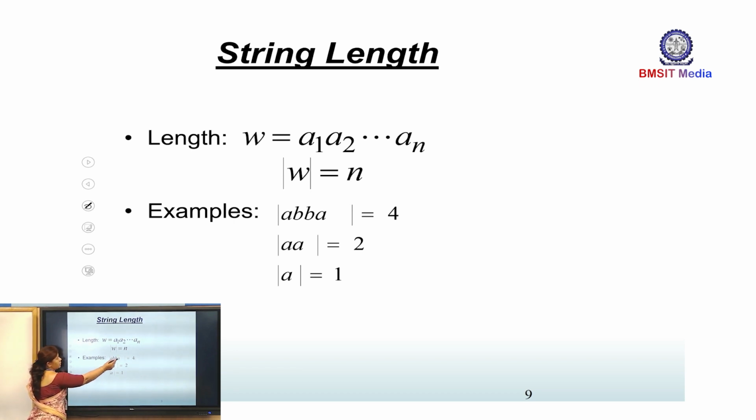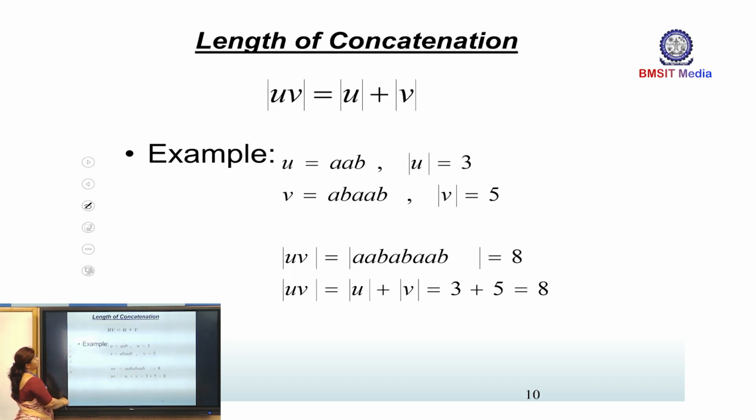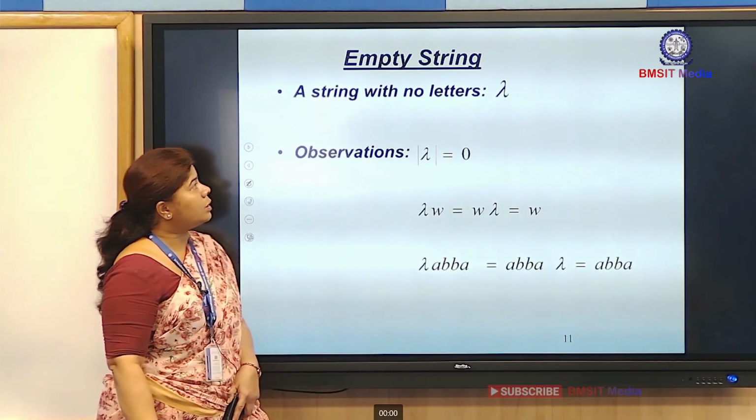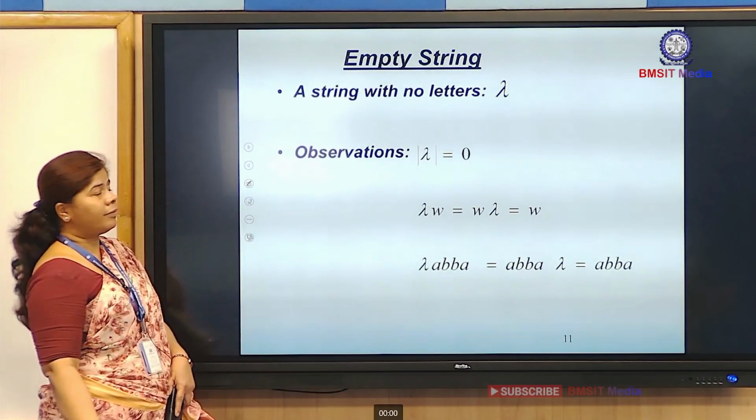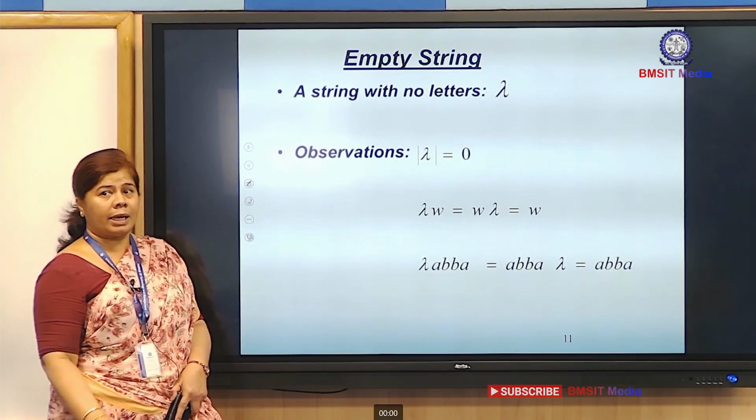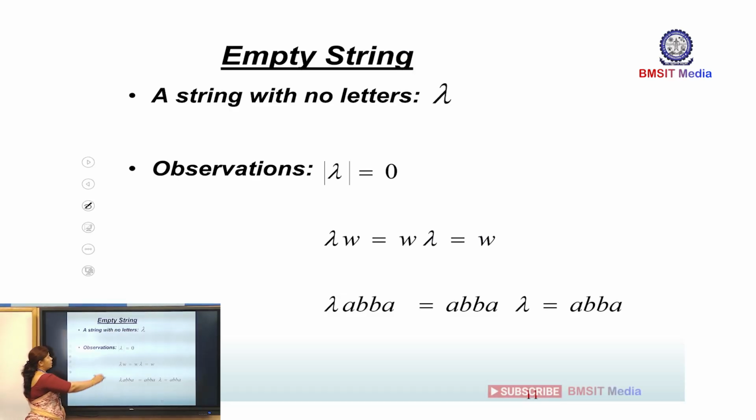In this particular string the number of elements is 4, so the length of the string is 4. The length of the concatenated string you can find out like this. If the string does not have any letters, it can be represented by lambda, and the length of the string is 0.